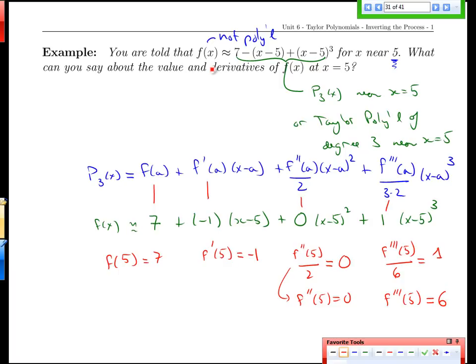So again, this is a problem type you will see in your practice problems. We're given a function, it's being approximated by a polynomial of some degree, it could be any degree, but the pattern would be dictated by the Taylor polynomial pattern.